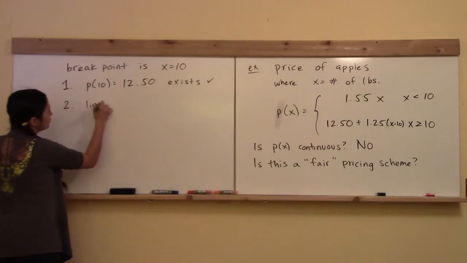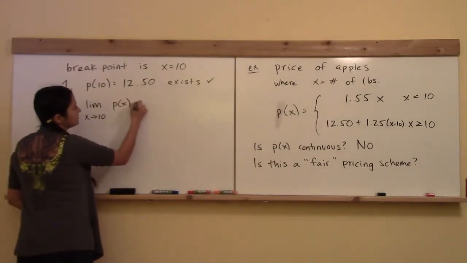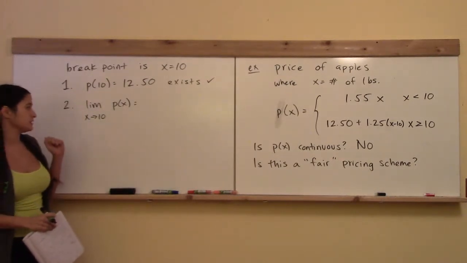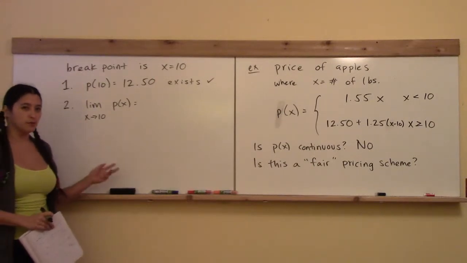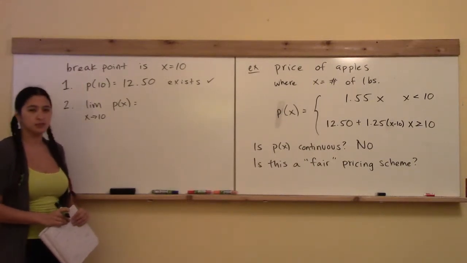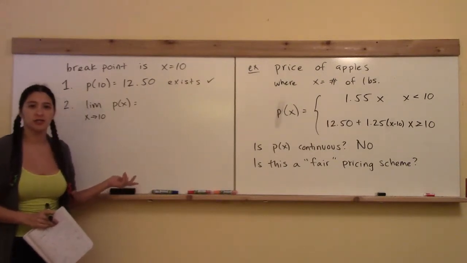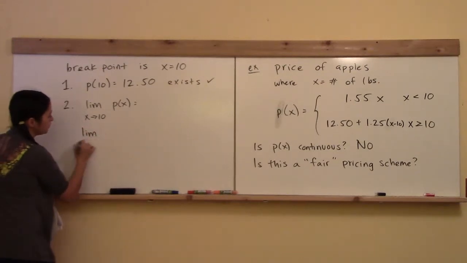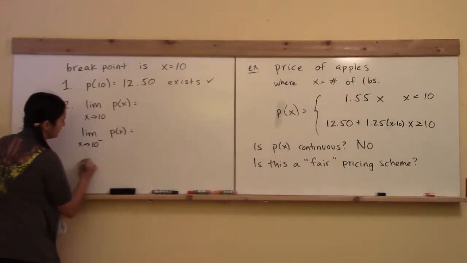Let's ask number 2. What's the limit as x tends toward 10 of P of x? You should probably also calculate this limit very carefully just for practice. What's the answer for this limit? If you remember what I talked about in the limits of piecewise functions video, whenever we have a piecewise function and we have to find the limit at a breakpoint, we must consider first each of the separate one-sided limits.